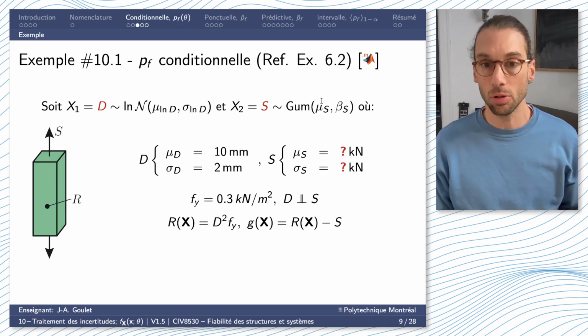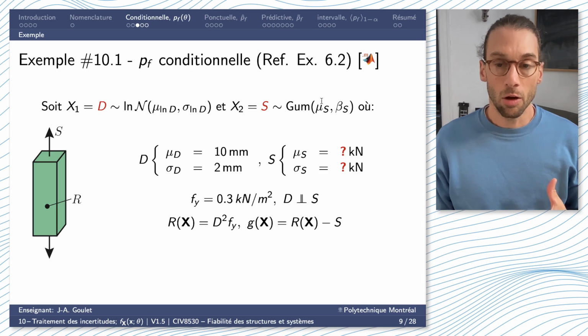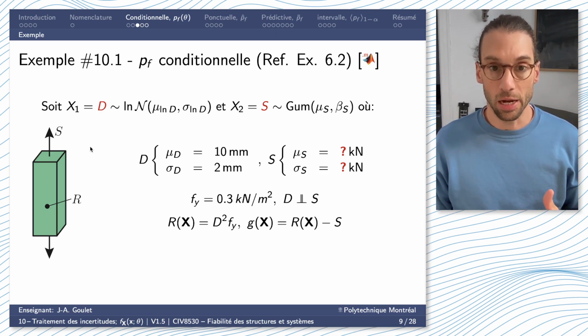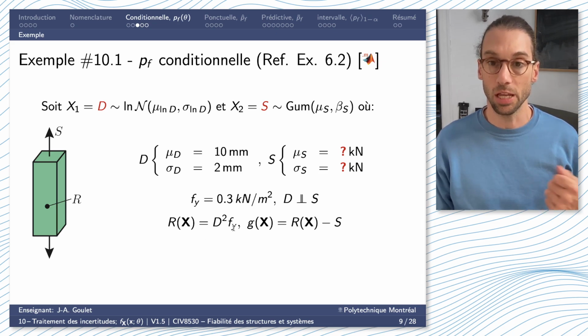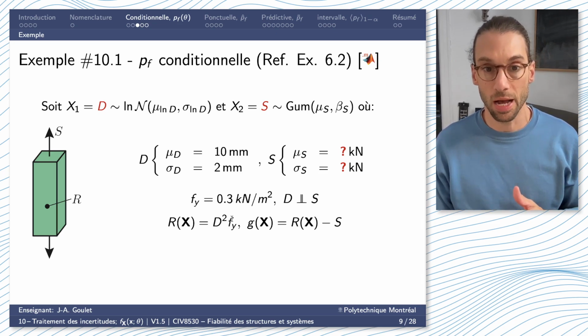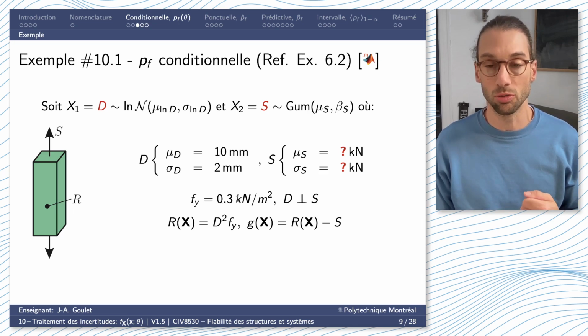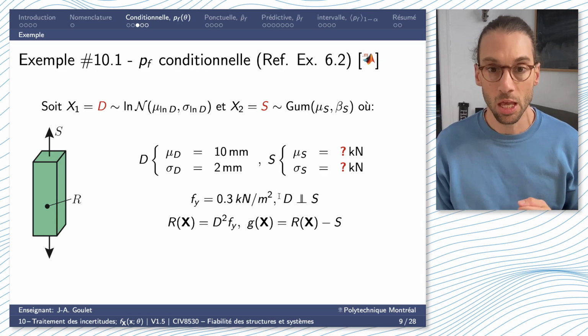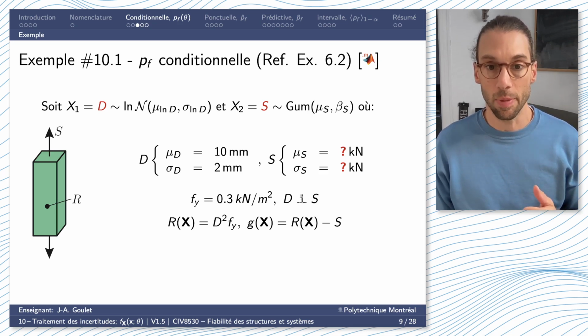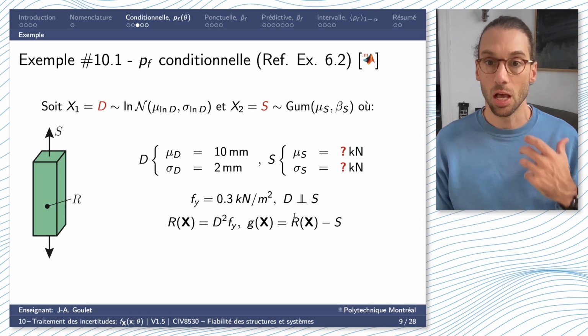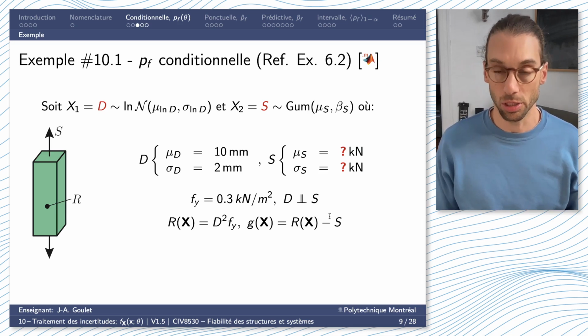S is a Gumbel random variable, which is going to be the tensile force applied on it. My resistance is going to be d squared times f of y, so the cross section times my yield strength, which is going to be here 0.3 kilonewton per square meter. We assume that D and S are independent, such that my limit state function is my resistance minus my solicitation.